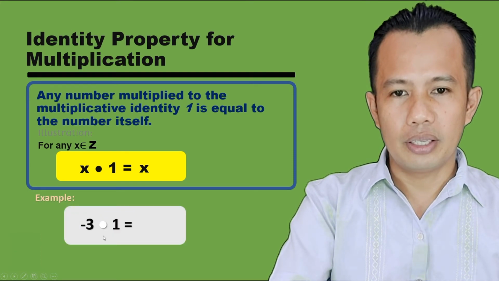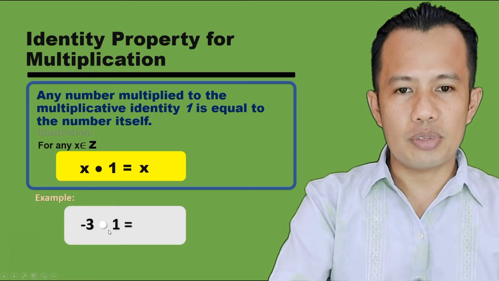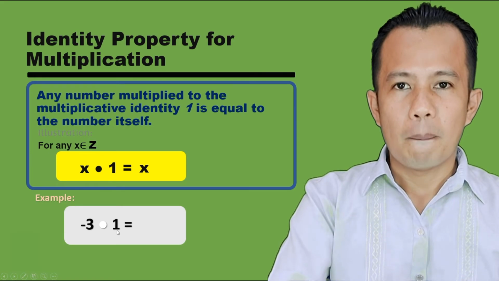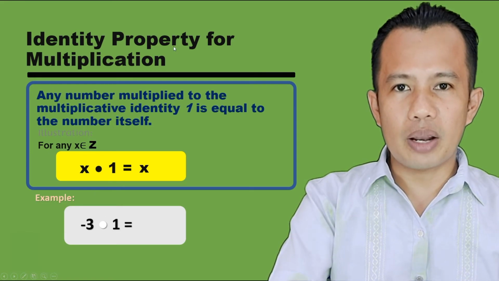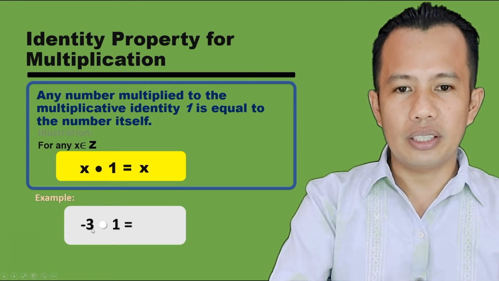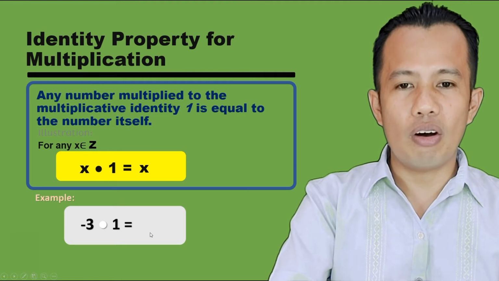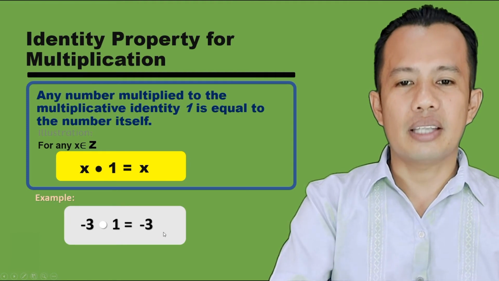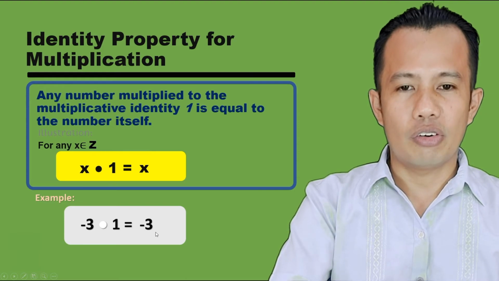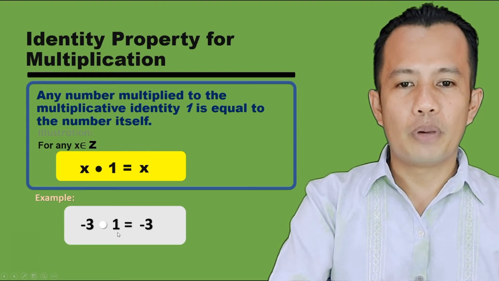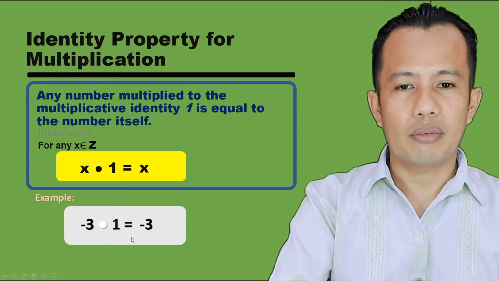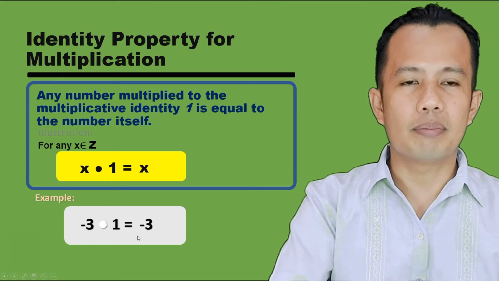For example, negative 3 times 1. By virtue of identity property on multiplication, negative 3 times 1 will always be negative 3. Or any number multiplied by 1 will always be the number.